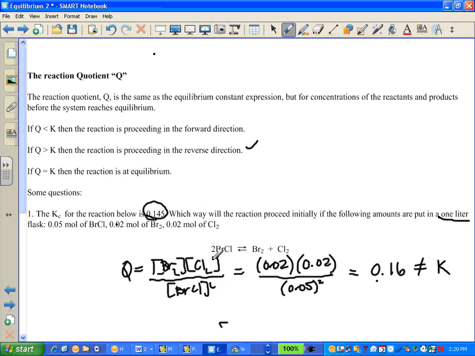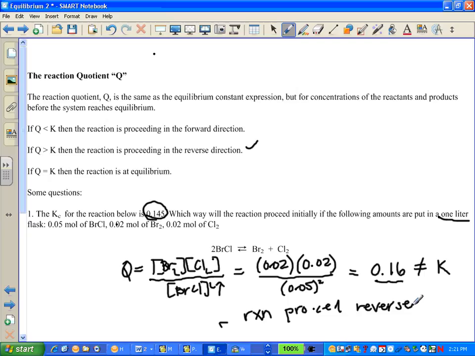If it's the products over the reactants and it's too large, we can see that it's the denominator of this expression that needs to increase in order to make the value 0.16 lower to become 0.145. So in this case, the reaction, and Rxn is a short form for reaction, must proceed in the reverse direction.